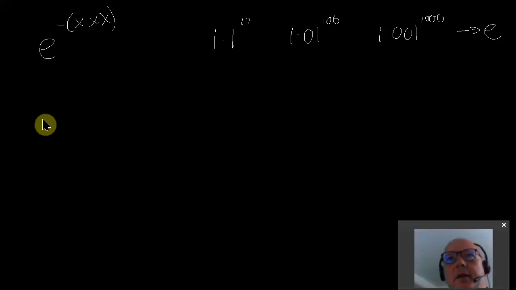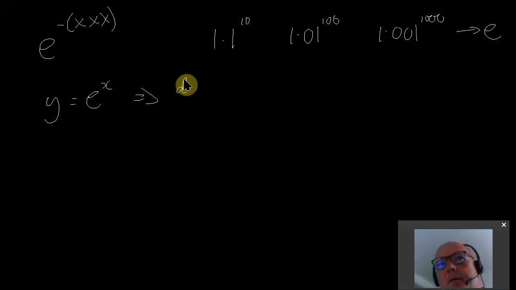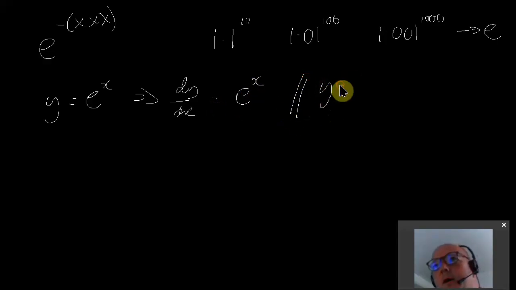And as a related concept, if I've got y equals e to the x, then that implies that dy by dx equals e to the x as well. As distinct from if y equals 2 to the x, then dy by dx does not equal 2 to the x.